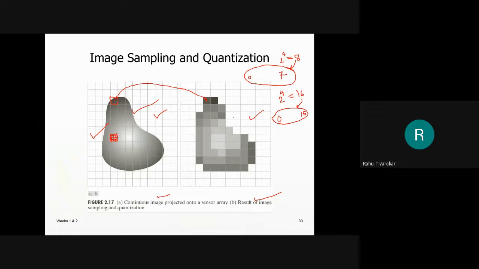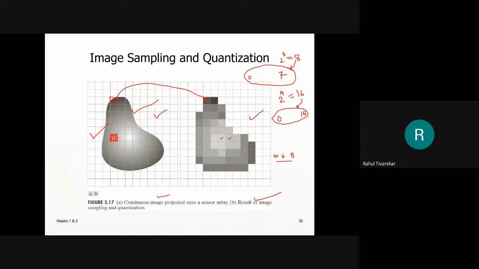So if I use more intensity levels, I can still get a good amount of detail from the image. If I use only 8 intensity levels, the transition from this bright color to this little grayish color is more pronounced. We can easily identify that. But if I add one more additional range of gray color in between these two, I will have a smooth transition from white, to a little gray, and then black.